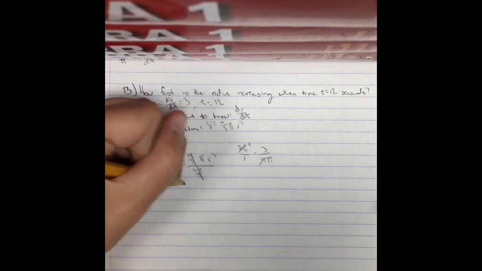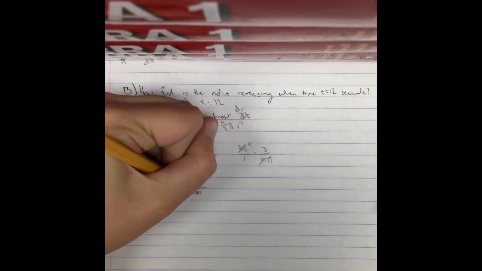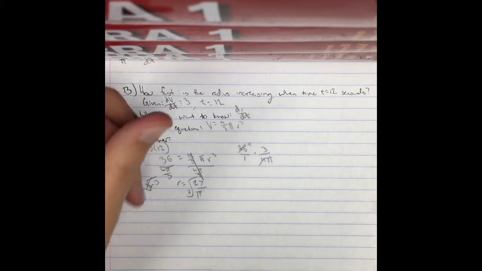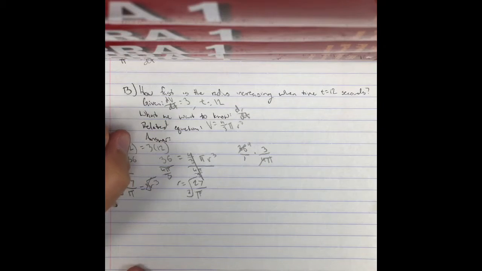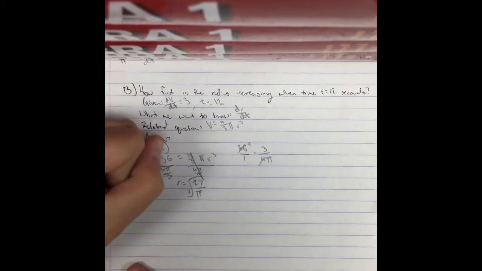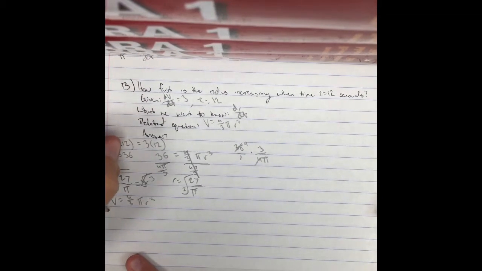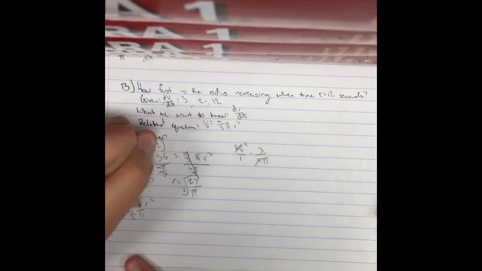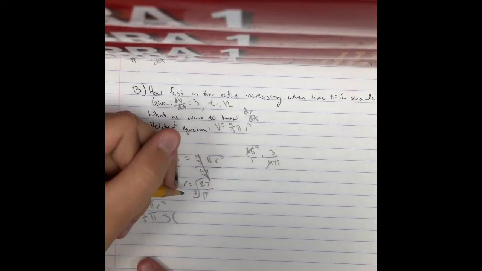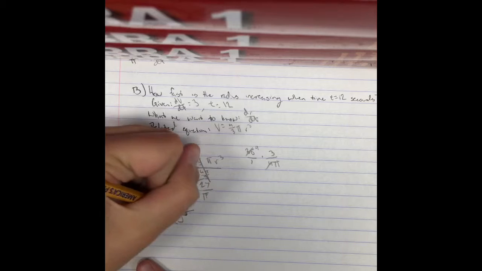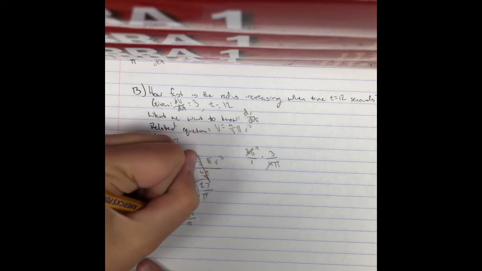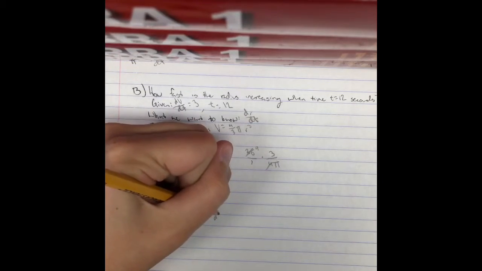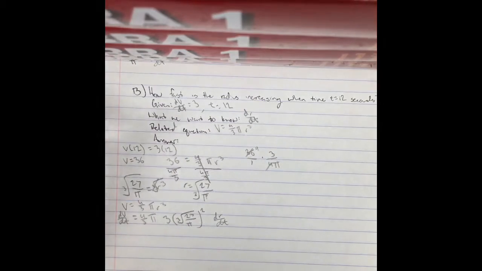And since we're going to get r by itself, we have to cube root this. And so r will equal the cube root of 27 over pi. And so now we can plug this back into our equation, where V equals 4/3 pi r cubed, and we have to take the derivative of this, so dV/dt equals 4/3 pi, then 3 times our r, which is the cube root of 27 over pi, squared times dr/dt.